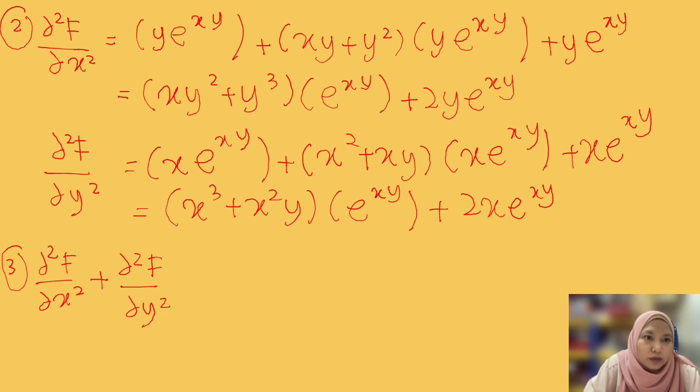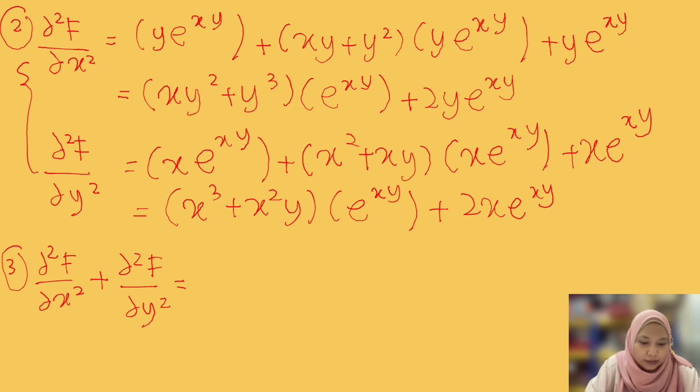So we will combine these two functions that we already differentiated twice, and try to get the same form as the one given in the question, because we want to do proving, so we must get the exact form as the one given in the question.